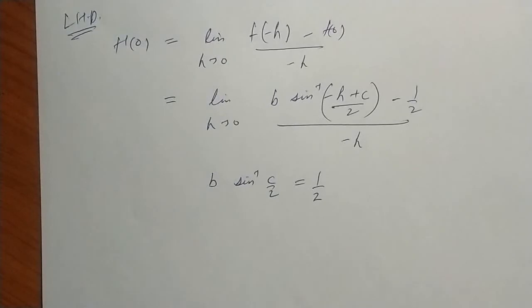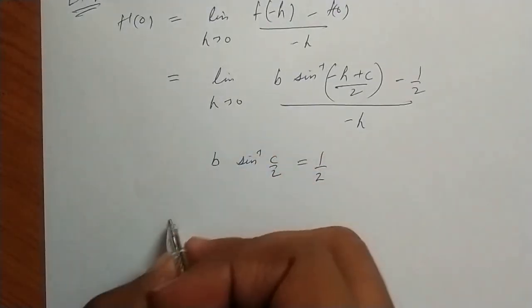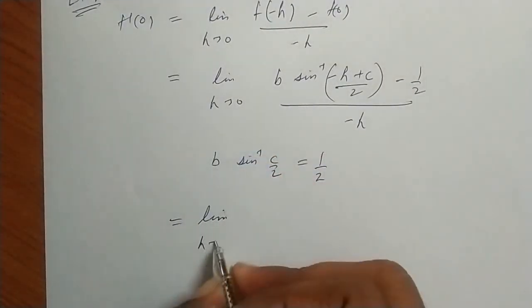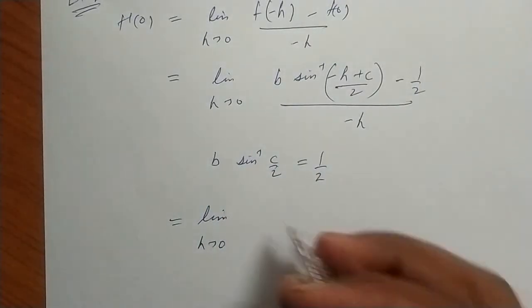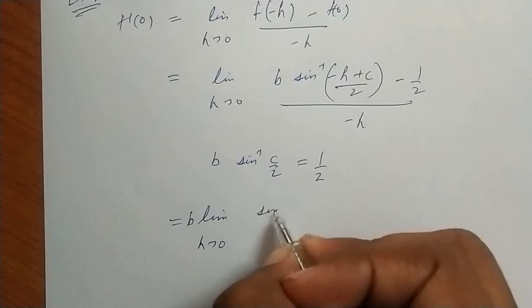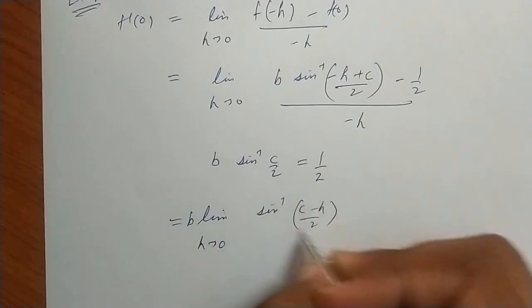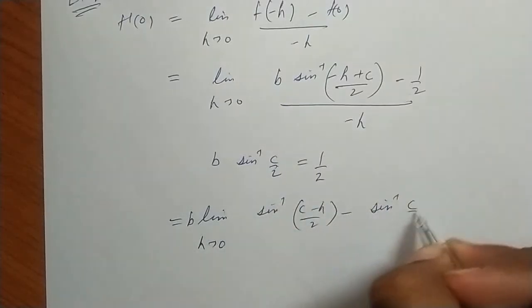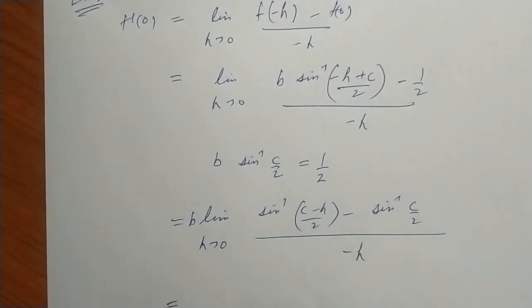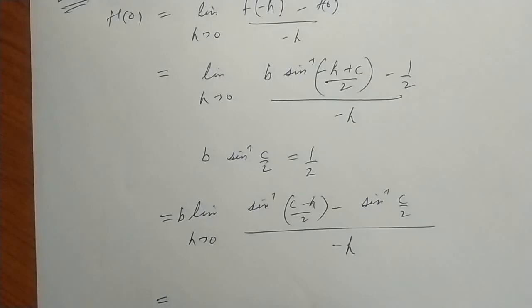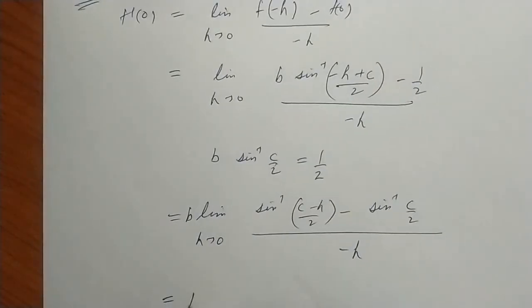Okay, so what we can do over here is, limit h tends to 0, put the value of half as b sin inverse c by 2 and take b out. So it will be sin inverse of (c minus h) by 2 minus sin inverse c by 2 upon minus h. Now you can use the formula of sin inverse a minus sin inverse b.